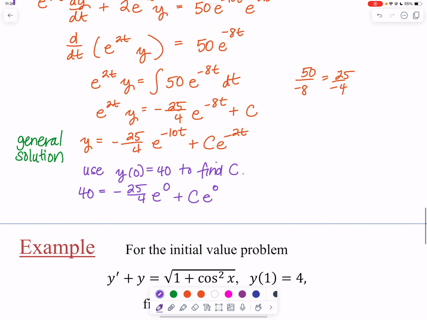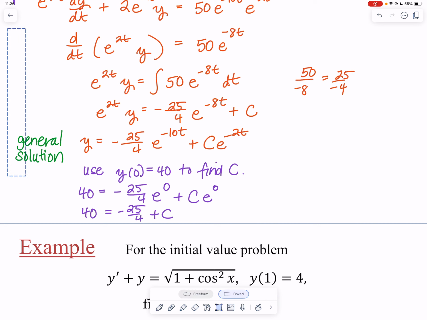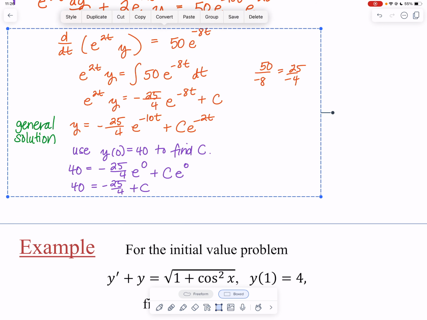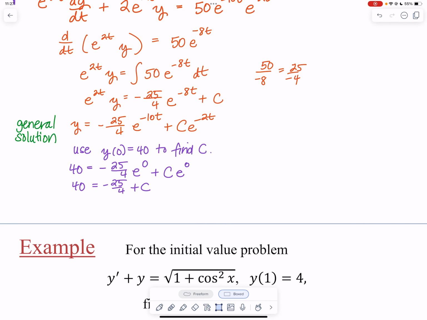And as you can see, we have 40 is equal to negative 25 fourths plus c. I'm going to make all of this a little bit smaller so I can have some room here. And so if you take a look at that, we will have c is equal to 185 divided by 4.